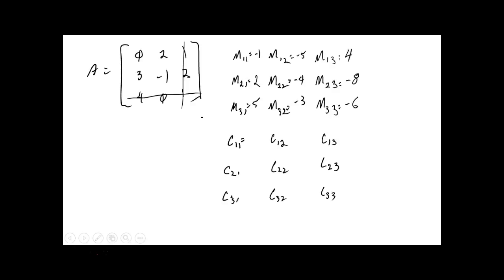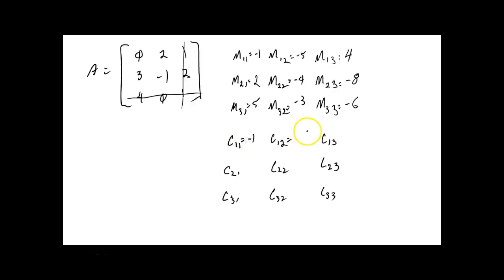Okay, there's the rub. Depends on what the it is. If the sum of that is even, you don't change the sign. If the sum is odd, you do change the sign. It's the negative of what you got there. If it's even, it's what you got there. Okay, it's not necessarily positive. It's what you got. So what's C11?